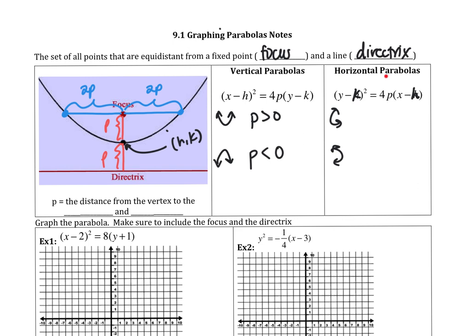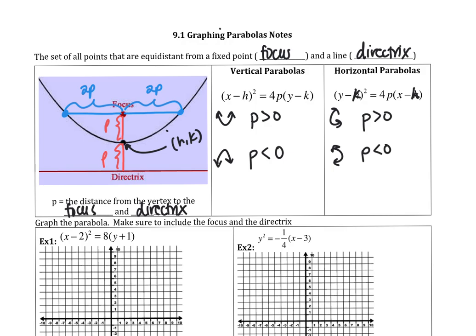Similarly, for a horizontal parabola, we see that the y minus k term is squared. When we find out what p is, if p is greater than 0, it opens right, and if p is less than 0, it opens left. And p is the distance from the vertex to the focus, and also the directrix. We said this, but didn't write it.